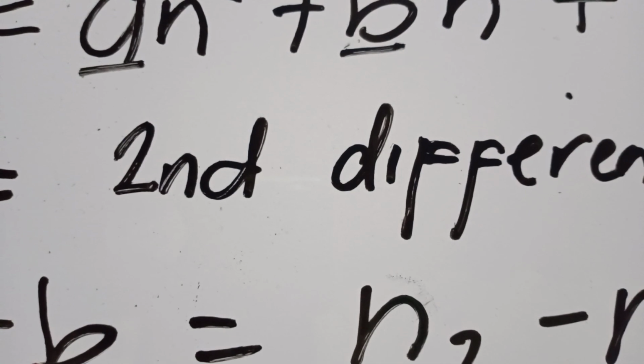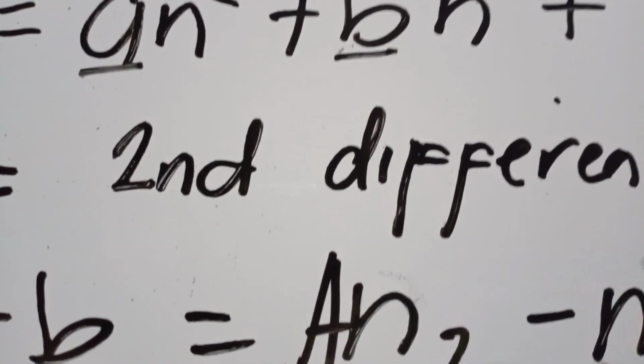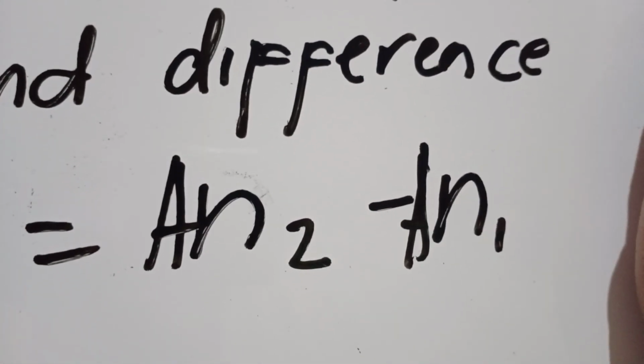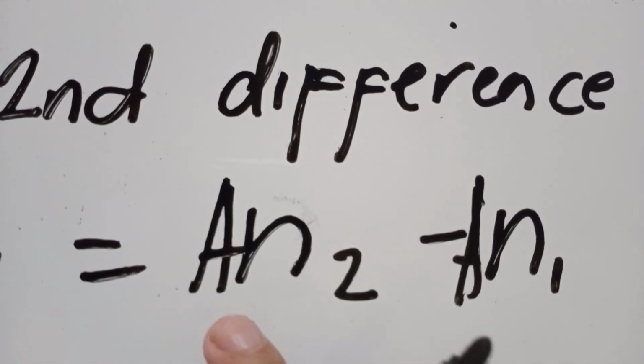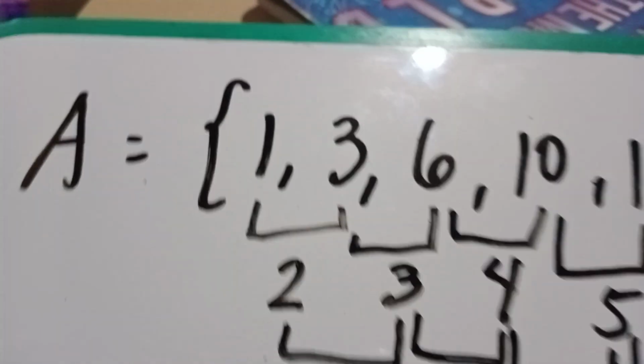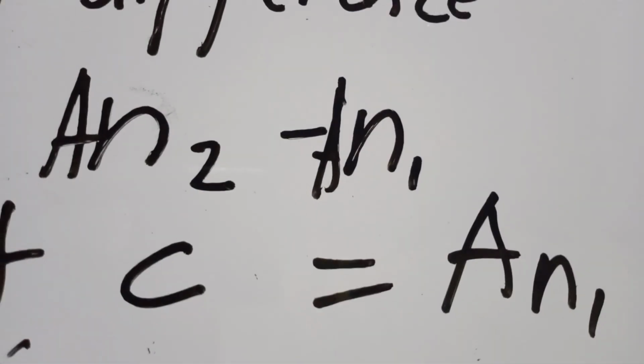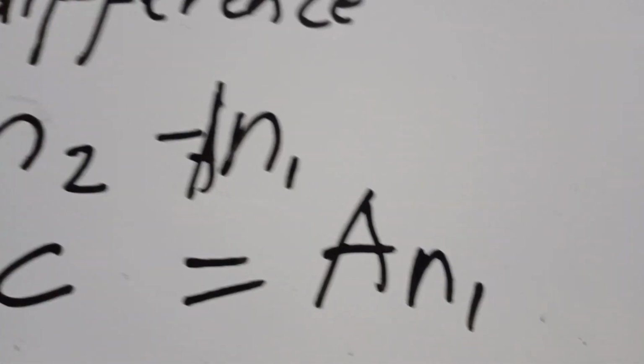The a sub 2 is the second term of set A, and a sub 1 is the first term of set A. And the third equation is a plus b plus c is equal to a sub 1, the first term.